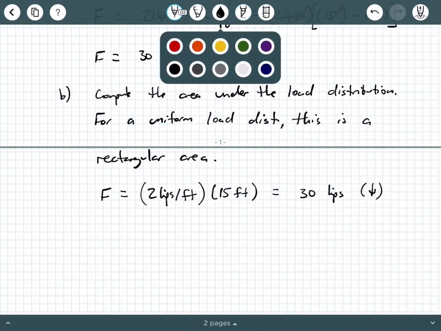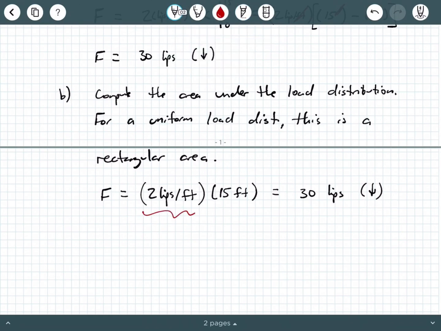I'll make a little note here. This 2 kips per foot represents the height of the rectangle, and the 15 feet represents the length of the rectangle. So that's 30 kips going down. That's it for this simple example.